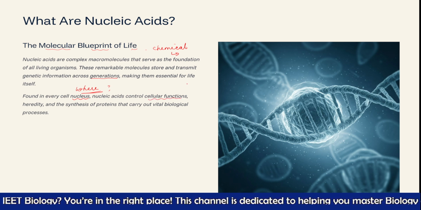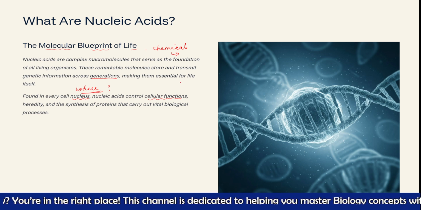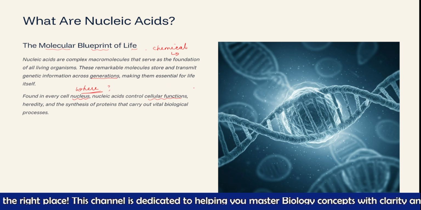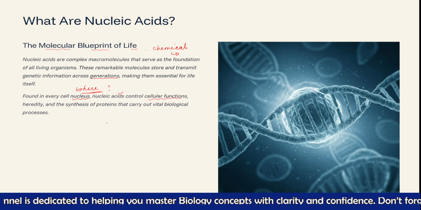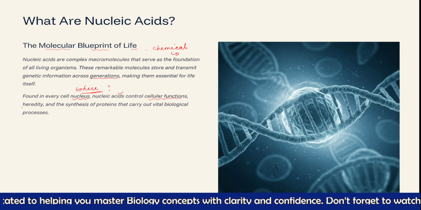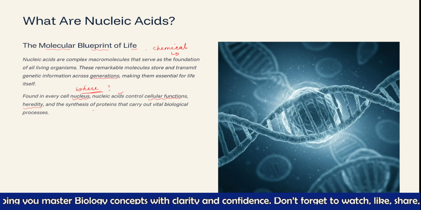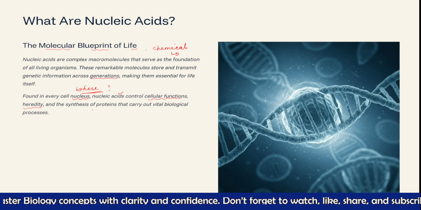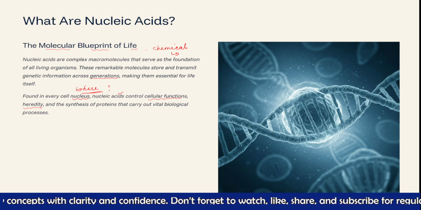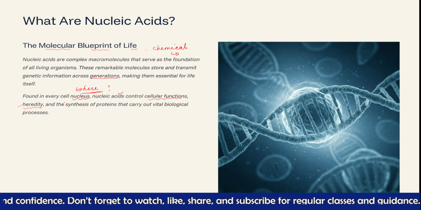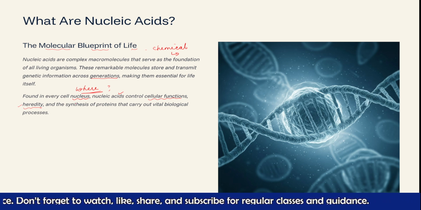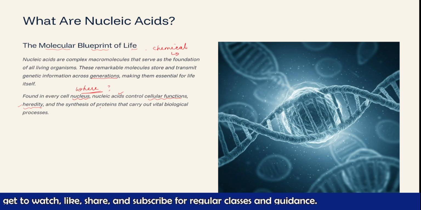Inside the cell, various chemical reactions, various activities, metabolic reactions take place, which are under the control of nucleic acid. And also it controls heredity, the transmission of genetic information from one generation to another. And then it helps in the synthesis of protein.